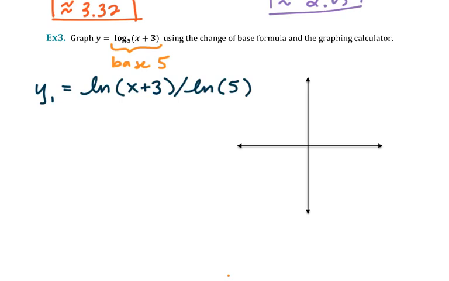You could also use common log. They'll give you the exact same thing. And what you'll see is this is the graph of a logarithm base 5 shifted to the left 3 units. It looks roughly like this. And we have a vertical asymptote occurring here at x equals -3.